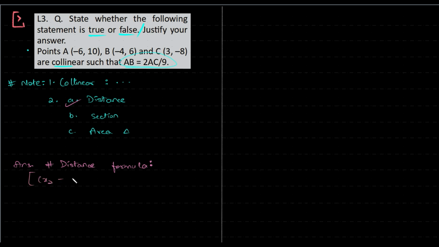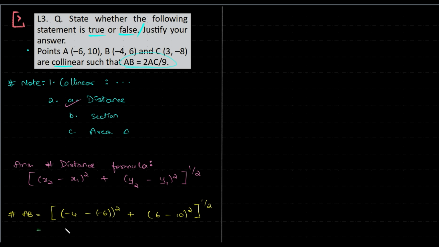What do we have? The square root of (X2 minus X1) the whole square plus (Y2 minus Y1) the whole square, that is, to the power of half. So we have AB, which is equal to (-4 minus of -6) the whole square plus (6 minus 10) the whole square, to the power of half.